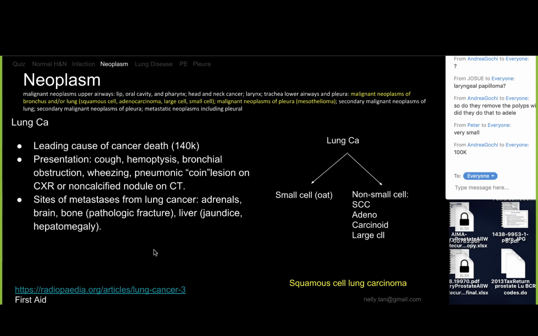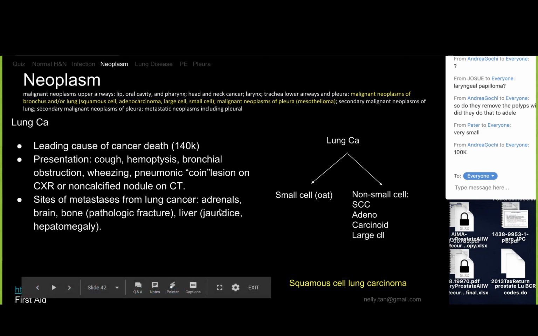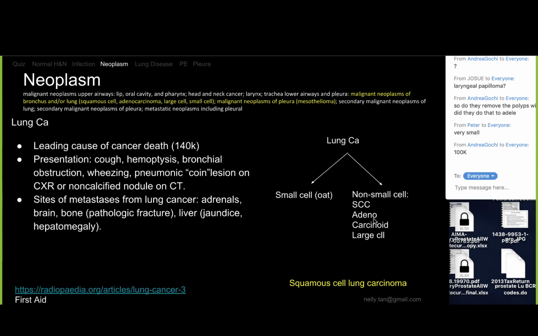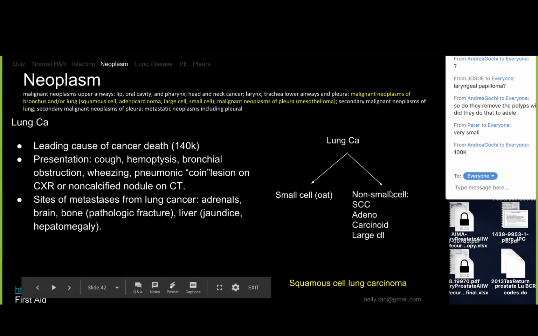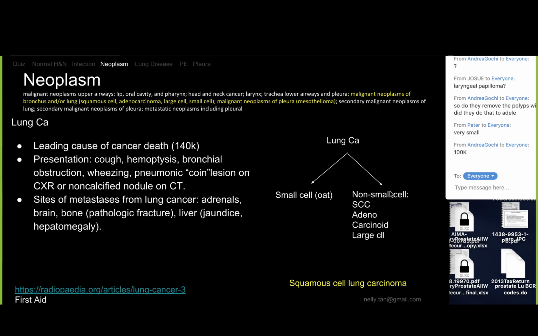But patients who have lung cancer, they can metastasize, typically to the adrenal glands, brain, bone, liver. So lung cancer is divided into small cell and then non-small cell, which is everything else: squamous, adenocarcinoma, and large cell. So what's the most common type of lung cancer?